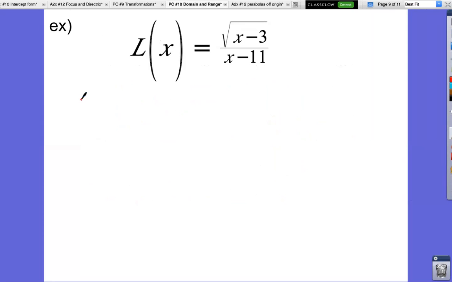Why do you think this one is any more difficult than the first couple that we did? Because there's a square root and a denominator. Exactly. We have a square root, so we must account for both.